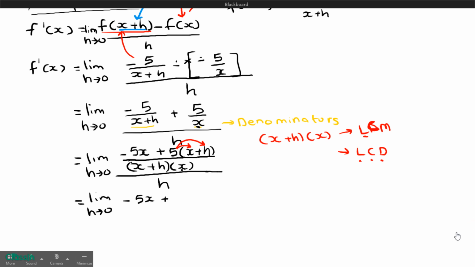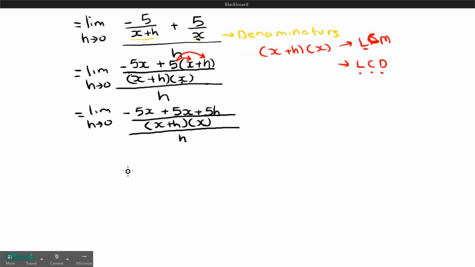Then at the end of the day, we will have 5x plus 5h, all divided by our x plus h into x, but they must all be divided by h.